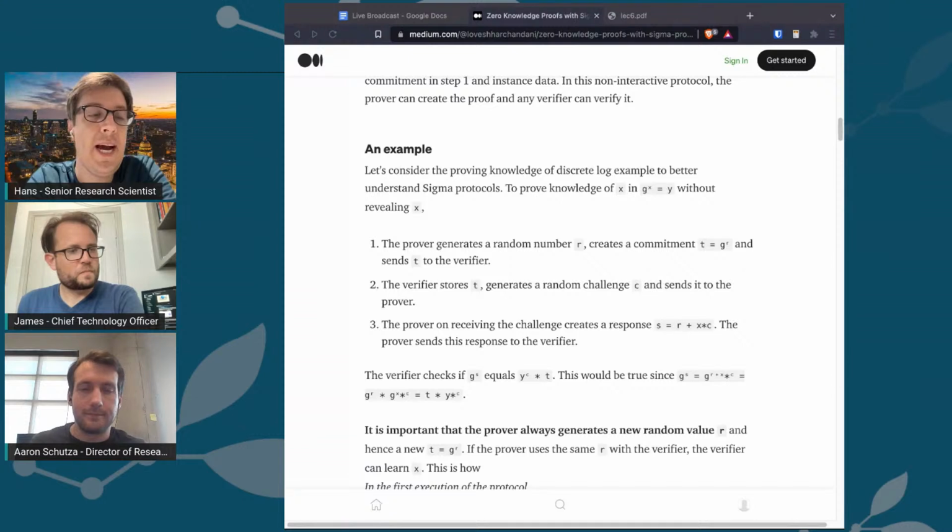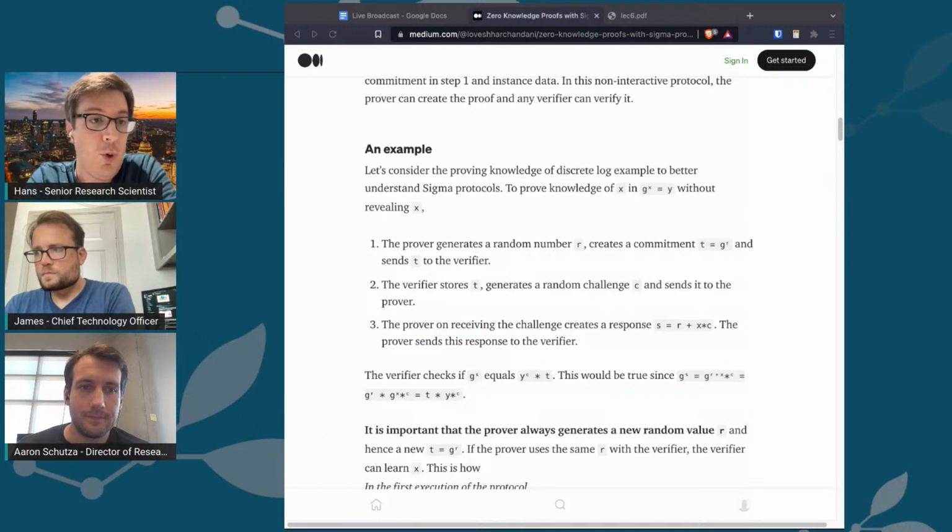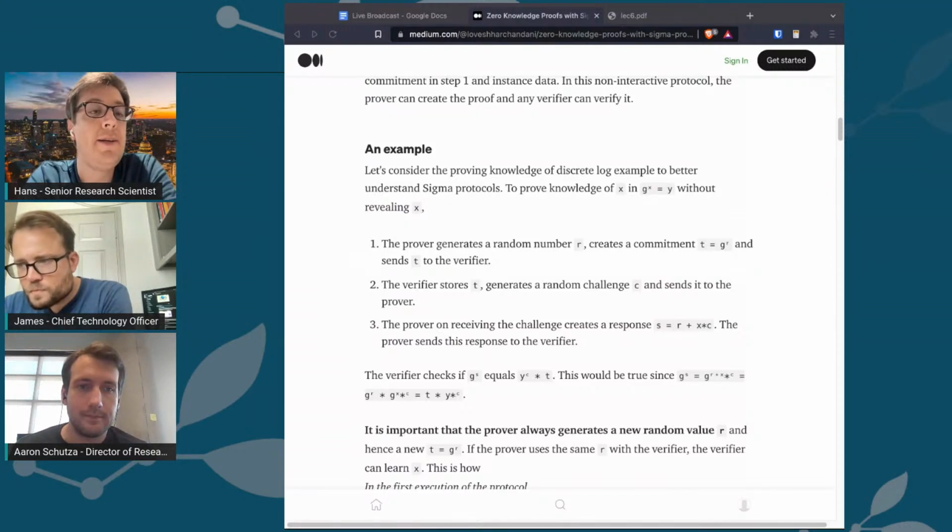The idea behind Sigma protocols is you have two people interacting, and person A wants to prove that they have some knowledge of some secret value to person B without revealing the value to person B. This characteristic, this zero knowledge proof, is the core behind what Sigma protocols are doing. It's an interactive way of doing a zero knowledge proof that's relatively lightweight.